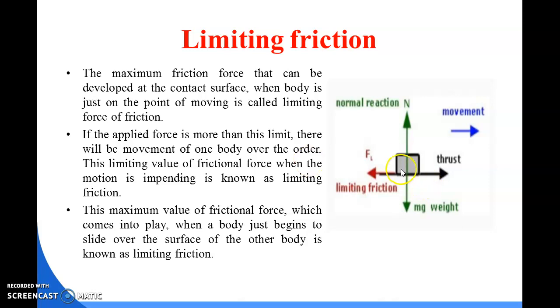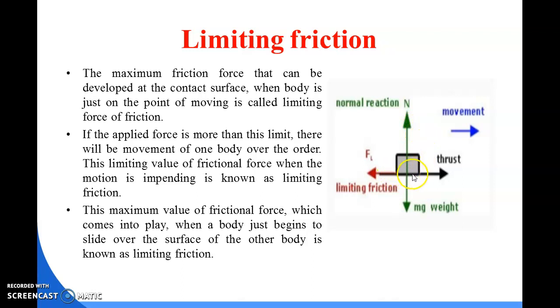You can see here, this is your contact surface, and over it, this one is your object. As you know, the weight of the object is always directed downward, and due to this downward loading, there is an equal and opposite reaction on the upward side, which is known as the normal reaction force.